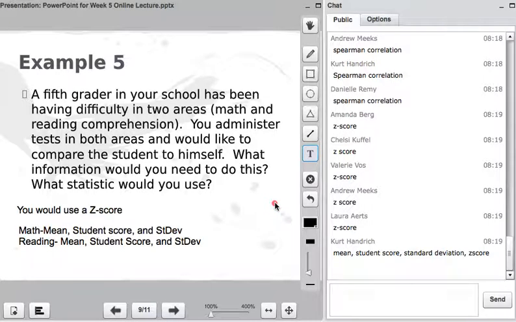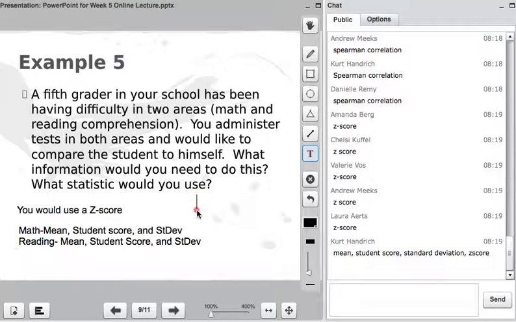Okay, so we would take those, and again, if you forgot, it would be the student score minus the mean divided by the standard deviation that is going to give you the z-score. And when I was grading the standard score project, some of you were getting a little bit confused on that. The score that you calculate by doing that formula, student score minus the mean divided by standard deviation, gives you the z-score.